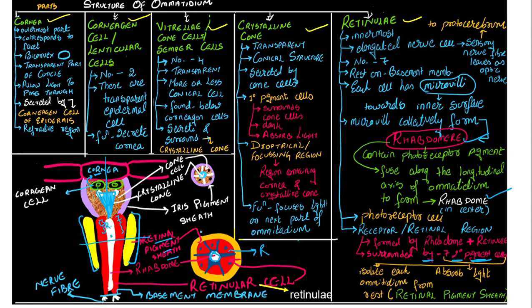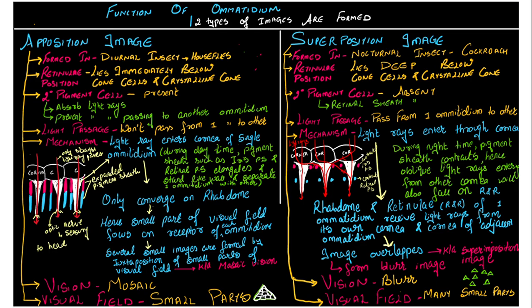Retinular cells are present. Surrounding that, the outermost layer, what is present? The secondary pigment is present. This we call the secondary pigment, that is nothing but the retinal pigment sheath. Now what is the function of the secondary pigment? It is going to separate one ommatidia from the other ommatidia. So one ommatidia is separated from the other through the secondary pigment sheath, right?